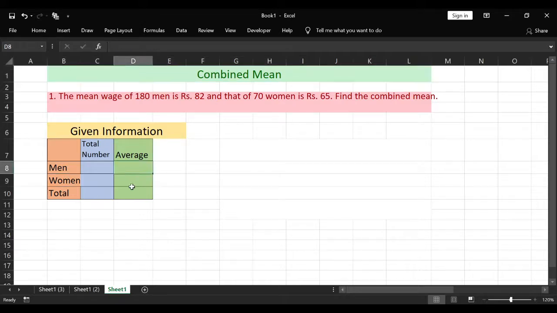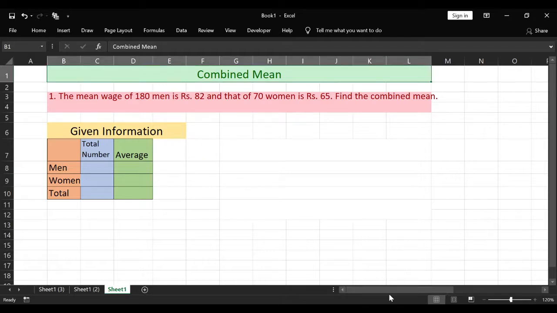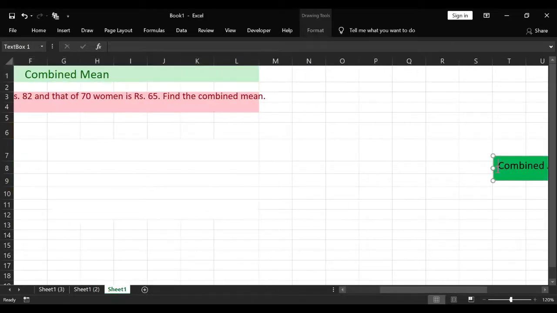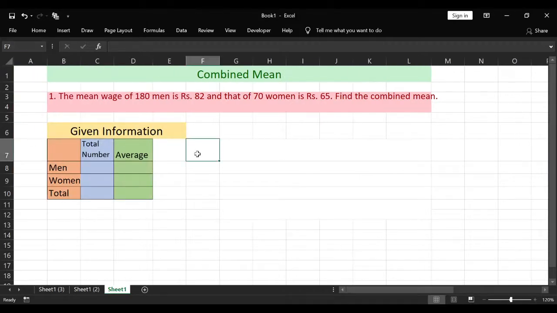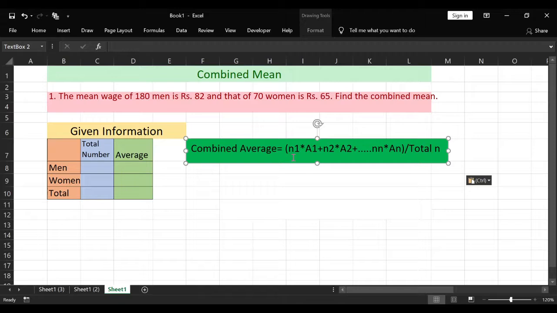The basic principle is we cannot add the average values of two groups, or we cannot subtract the average values. So for that reason we have to use the combined mean technique. The formula for combined mean equals n1 into a1, where n represents the number of observations in group 1 and a1 the average of group 1, plus n2 into a2, the number in group 2 and the average in group 2.